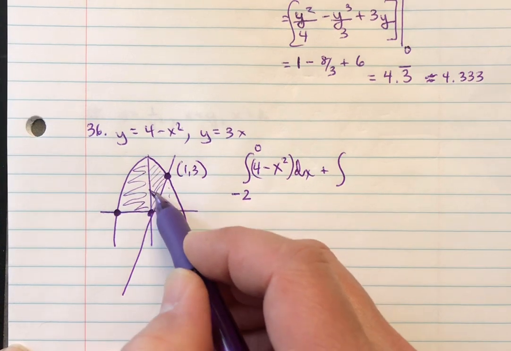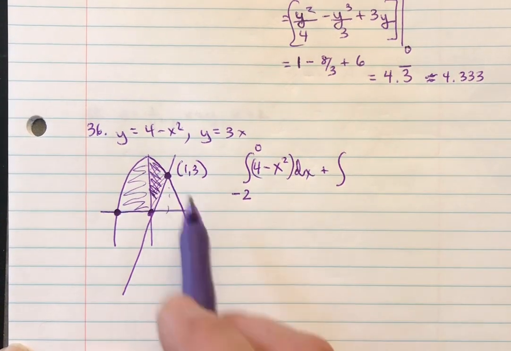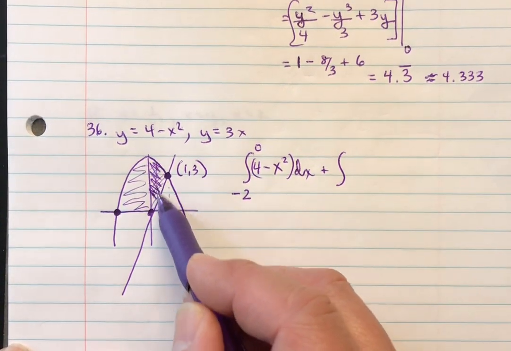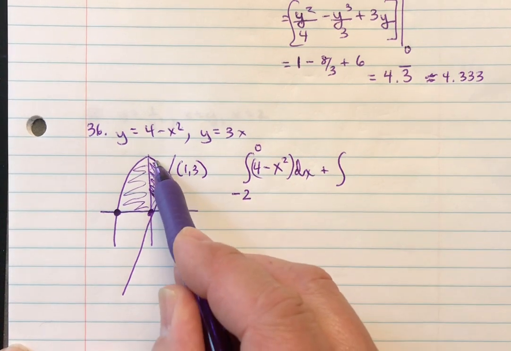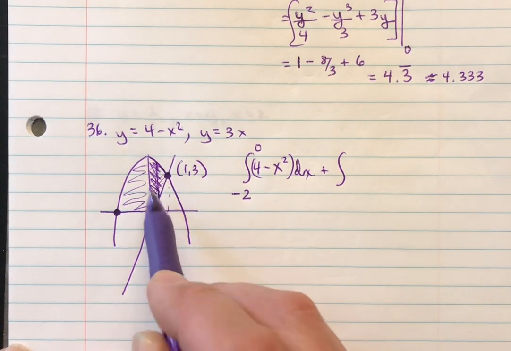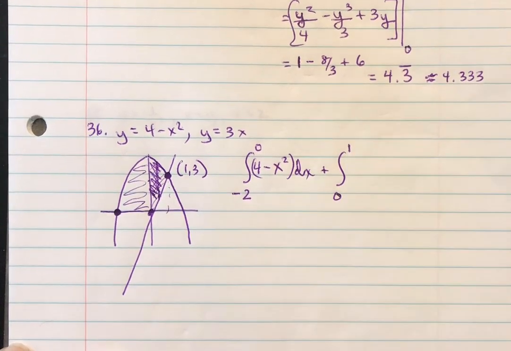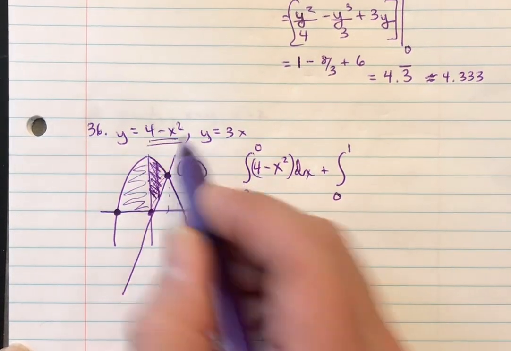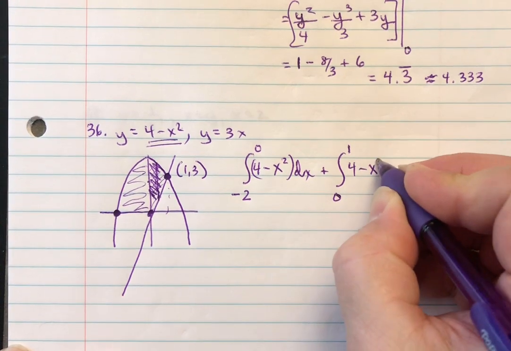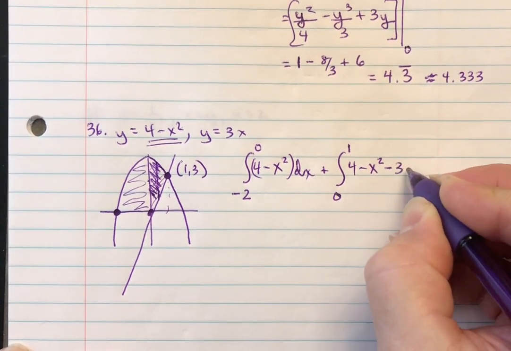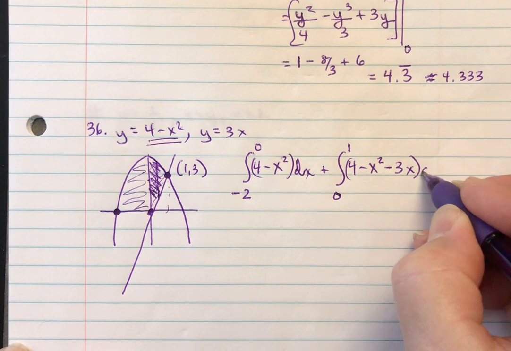So now to find this second area, I'm going to use a vertical rectangle again. So it's going to be upper minus lower. And I'm going to integrate from 0 to 1. My upper function is the parabola, and the lower function is 3x.